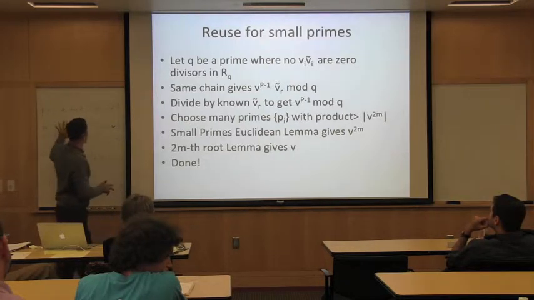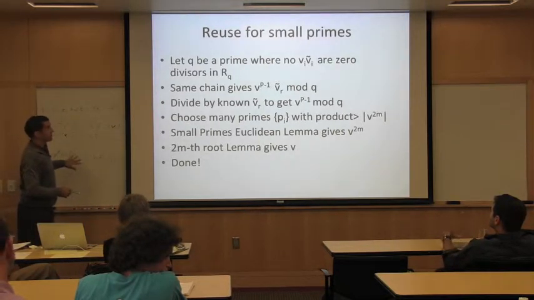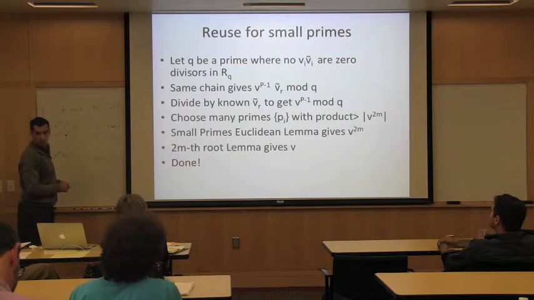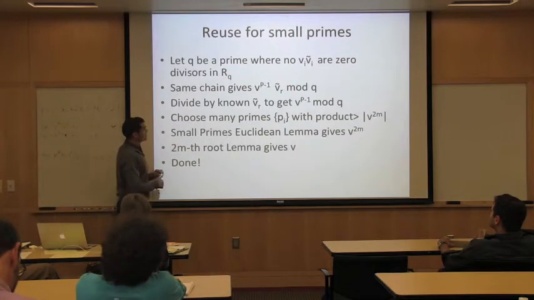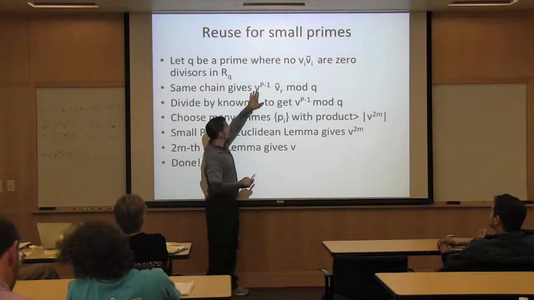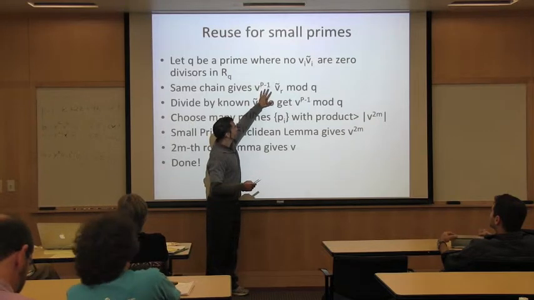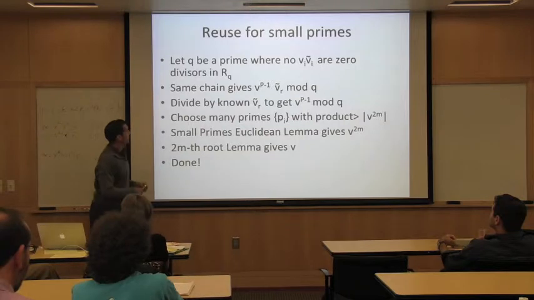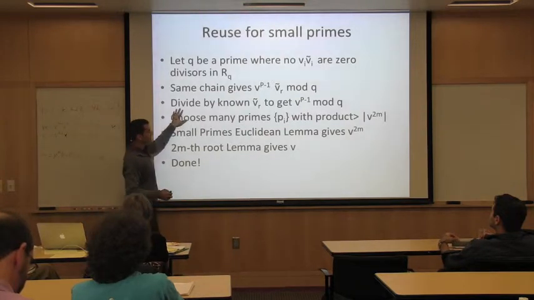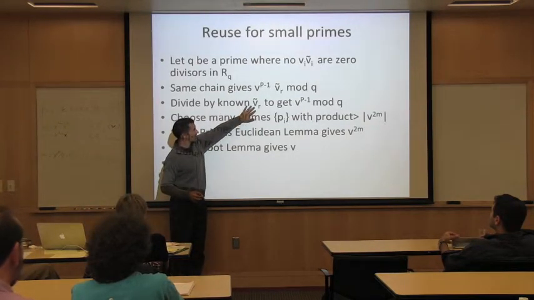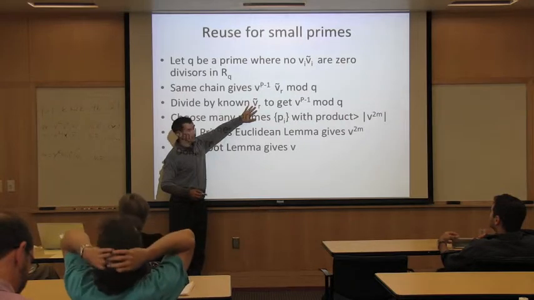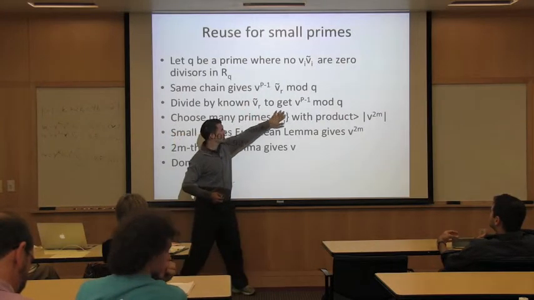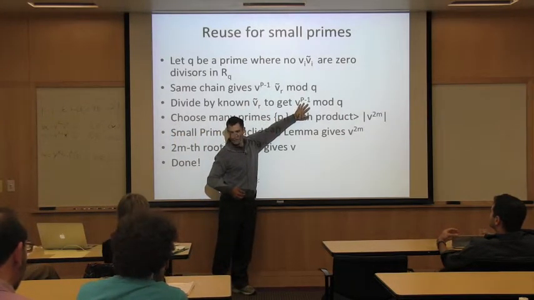And so this exact chain, that exact same evaluation, can be done mod Q. So you use the exact same calculation to compute V to the capital P minus 1 times that fudge factor mod Q. Great, because we actually know that fudge factor exactly. So we know it mod Q, and you can divide out by it and get V to the P minus 1.